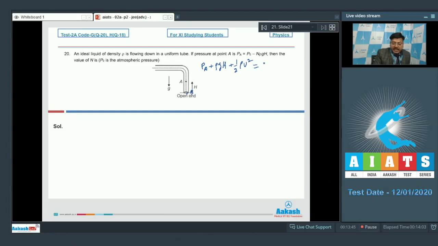At point B, pressure is P0, height is 0, and speed is the same because the area was the same. So this gives us the value of PA equal to P0 minus rho gh. If we compare with this equation, the value of n is simply 1. So the answer to this question is 0.1.